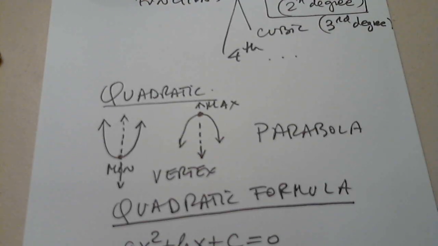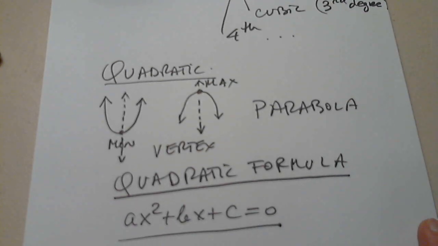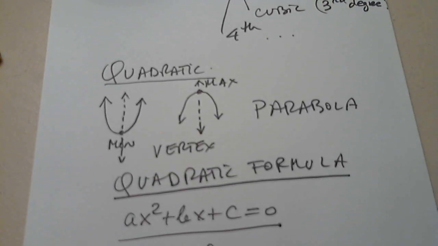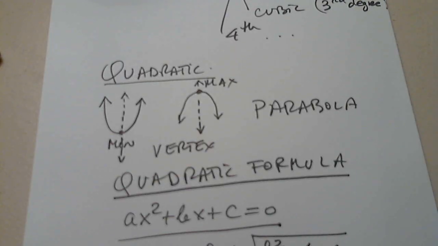If it's not in this format, meaning the leading coefficient with x squared plus the middle coefficient with x plus the free term equals 0, we cannot use the quadratic formula. And what is the quadratic formula? x equals negative b plus or minus the square root of b squared minus 4ac, over 2a.